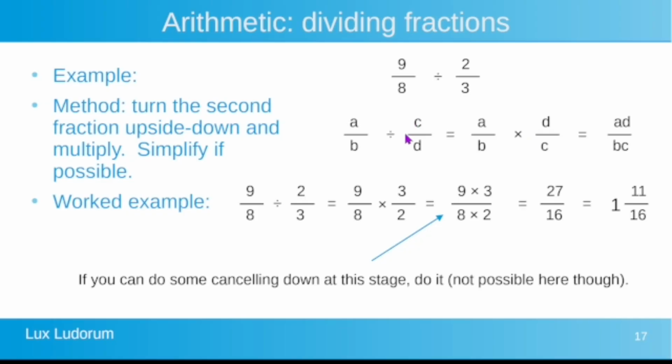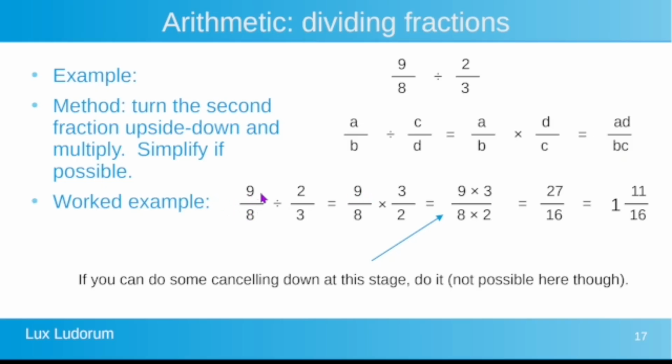So where it was C over D, when we had to divide, we write this the other way up, so it now becomes D over C. And then we do a multiply here instead of a divide. And we've just seen how to do multiplies. And that will give us A times D over B times C.